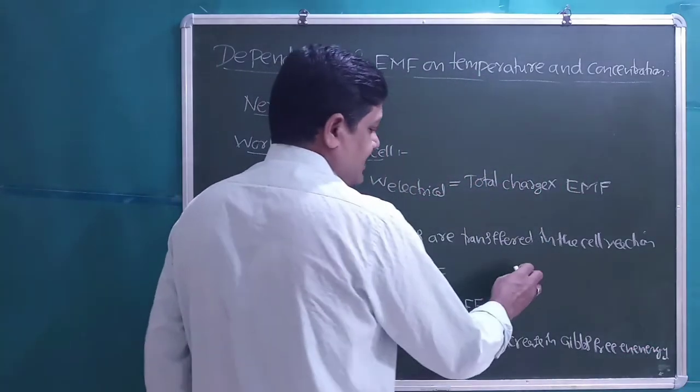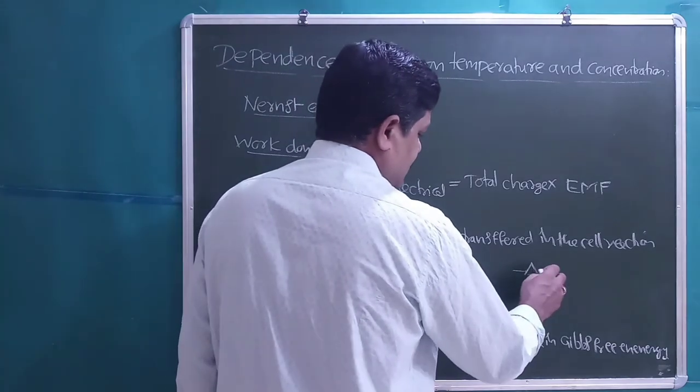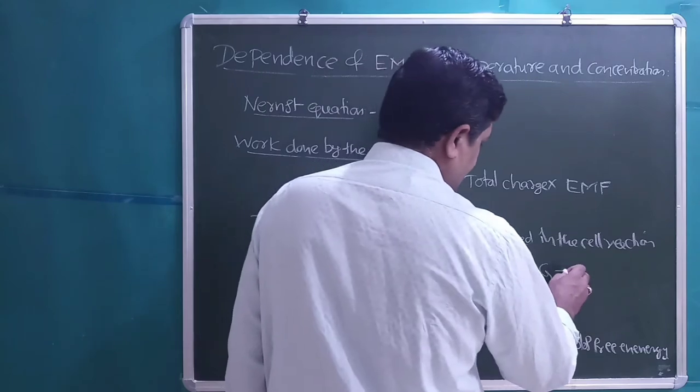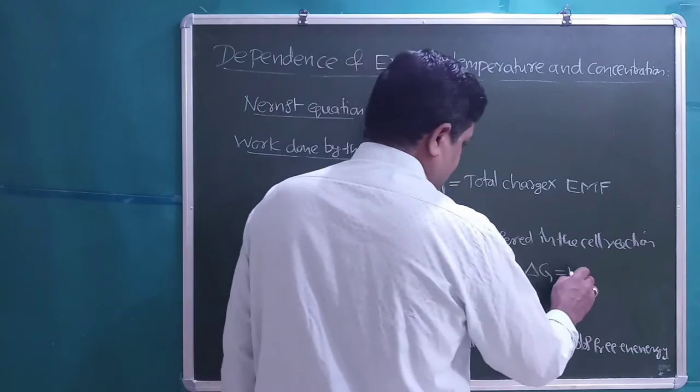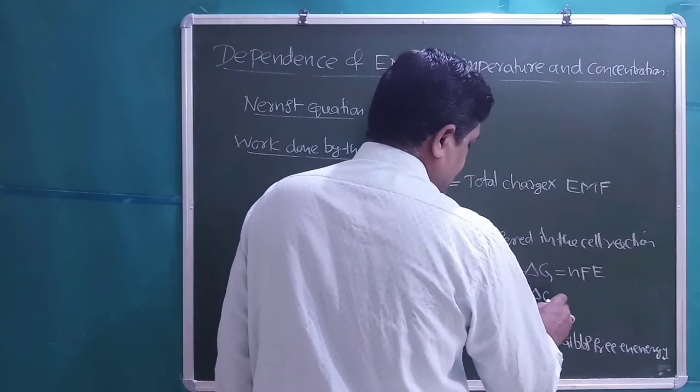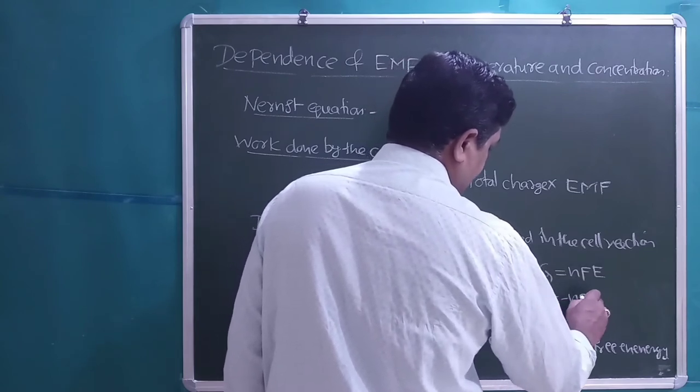Students, then we can write the Gibbs free energy change, the minus sign indicates decrease. Minus delta G is equal to work done, which we can write as nFE. Then delta G is equal to minus nFE.